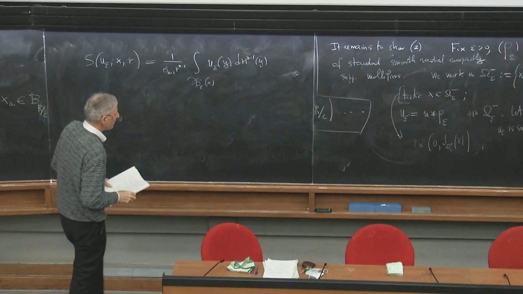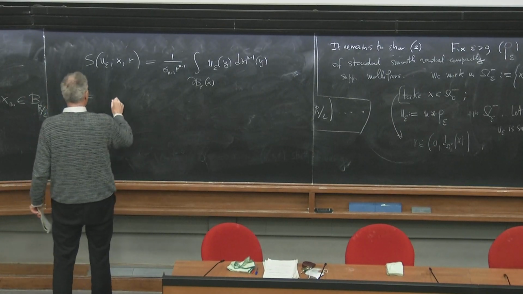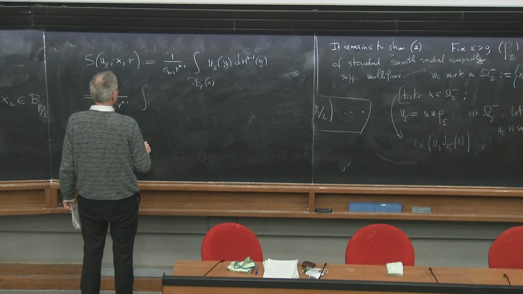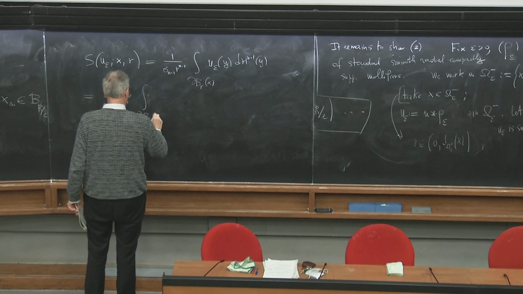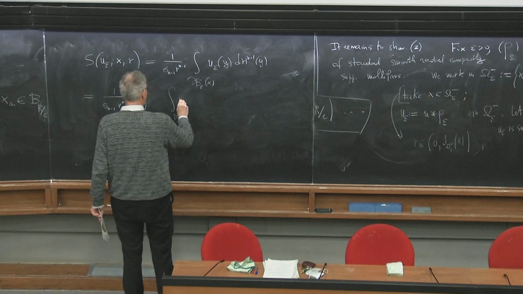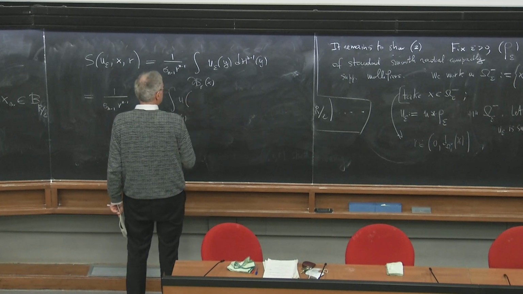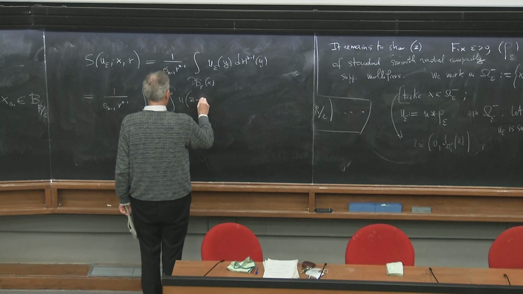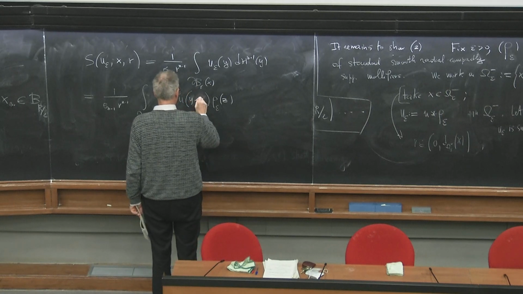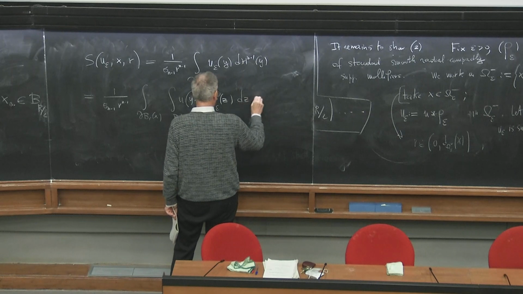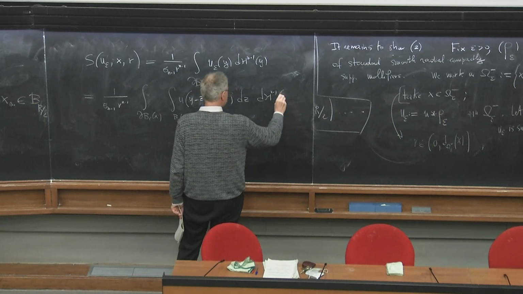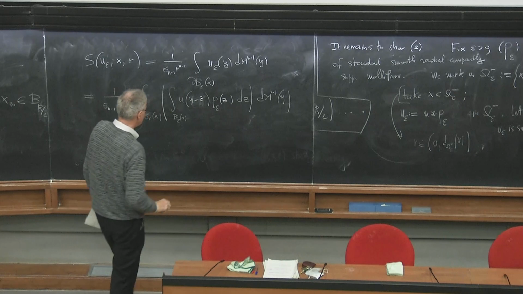Now you have to substitute the expression of this: the integral over B epsilon 0 of u of y minus z, rho epsilon of z, dz.